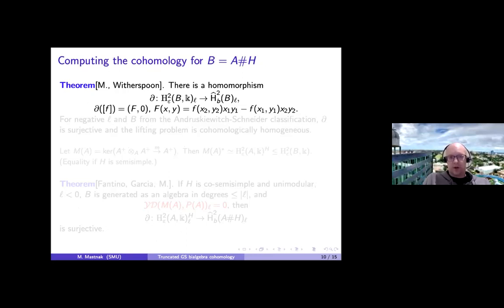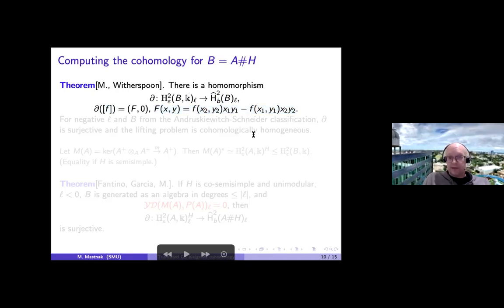And so you get this connecting homomorphism between the Hochschild cohomology of B with trivial coefficients, where K is considered a B-module via the counit, and this truncated Gerstenhaber-Schack cohomology. And actually, you can explicitly write down what this does. If you have a cohomology class generated by a Hochschild cocycle F, then you get (F, 0), where this is given by the same formula, which you might recognize from the previous slide.